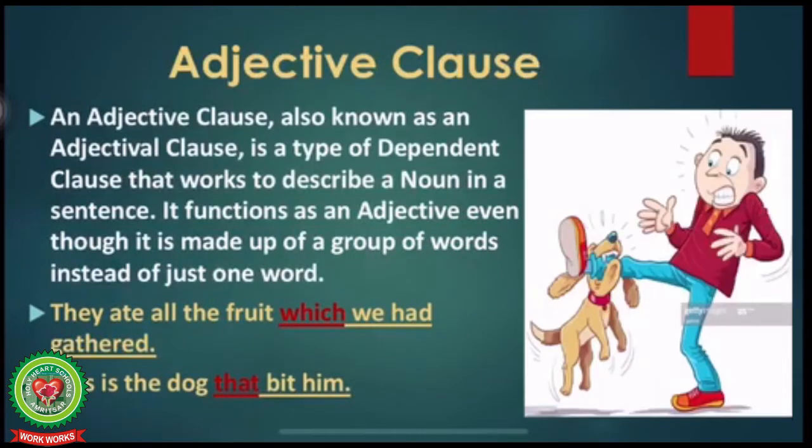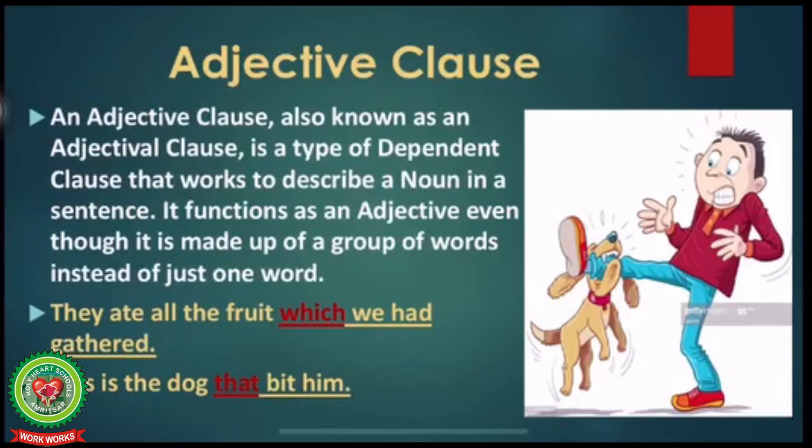Similarly, see this example. This is the dog that bit him. So the subordinating conjunction here is that, and the part that follows, that bit him, is the subordinate clause. Now that bit him gives us information about the noun dog. So hence that bit him is an adjectival clause and this is the dog is the main clause.